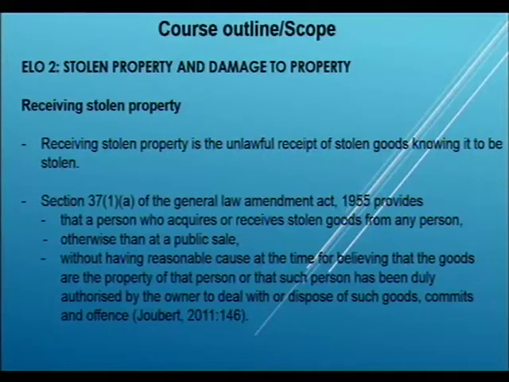Receiving stolen property. Receiving stolen property is the unlawful receipt of stolen goods, knowing it to be stolen.